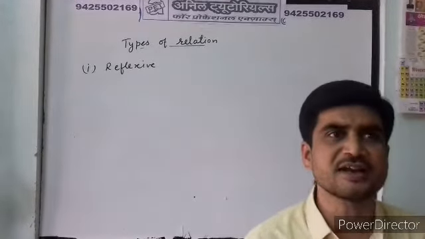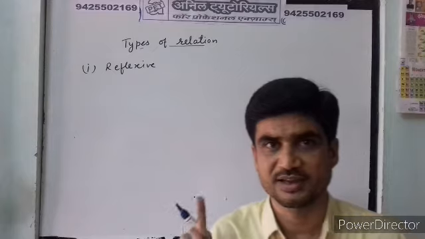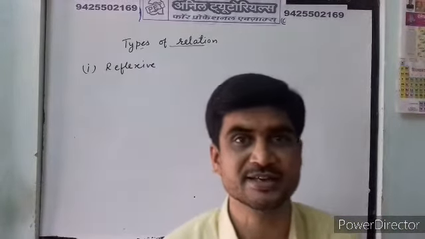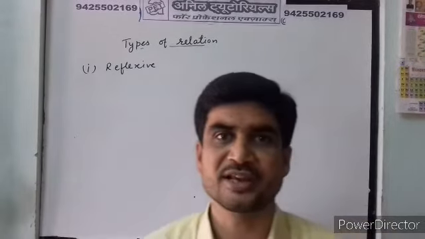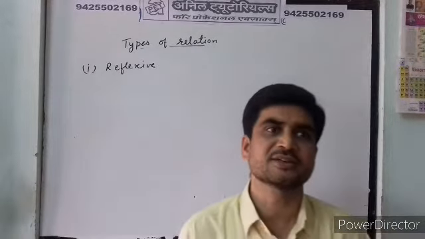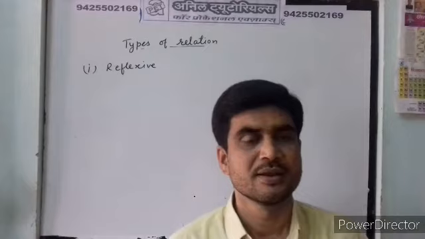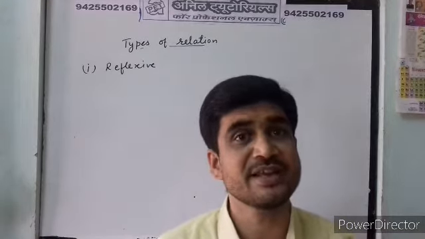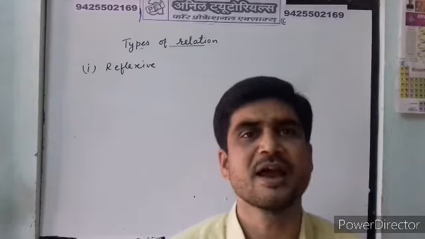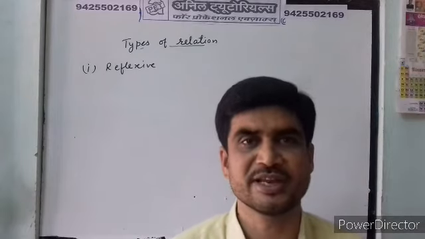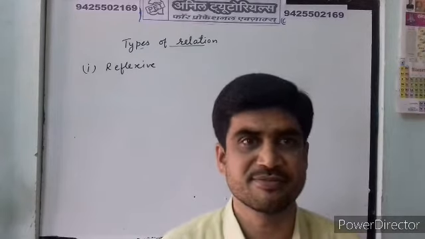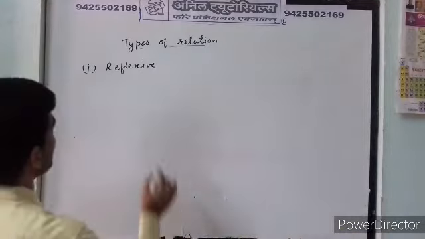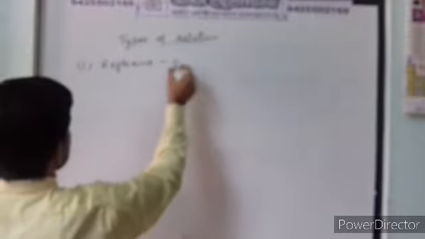See, a relation R in a set A. We are indicating a single set A, meaning you have to take A cross A. A relation R in A is called reflexive if every element is related to itself. For every a belongs to the set capital A, a is related to itself. That is a reflexive relation.